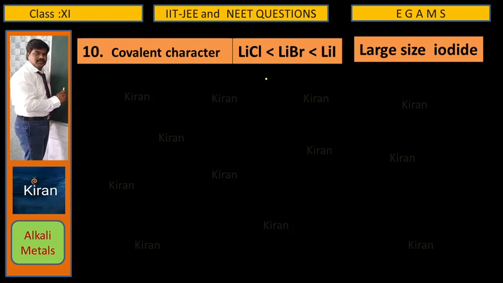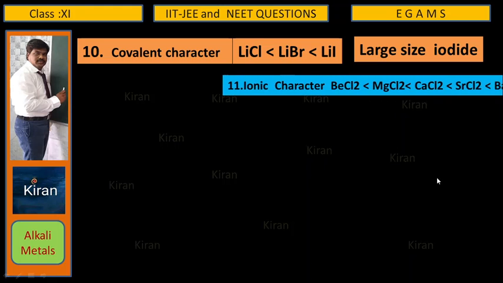When anion size increases, the ionic character decreases and the covalent character increases. Here, comparing the chlorine size with bromine and iodine, iodide is a larger ion, hence the covalent character is maximum in lithium iodide. So based upon the size of the anion, that is iodide, we can explain this.